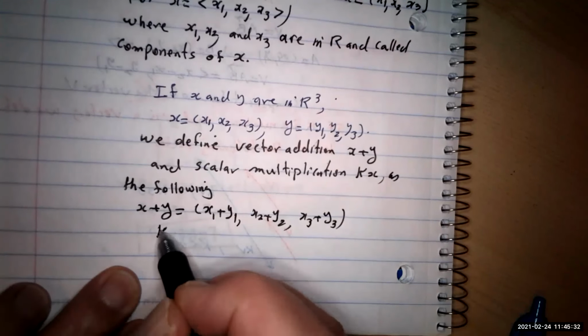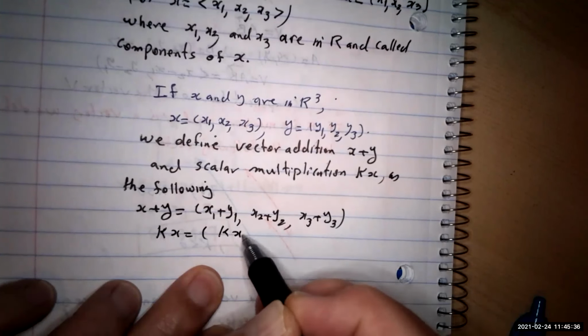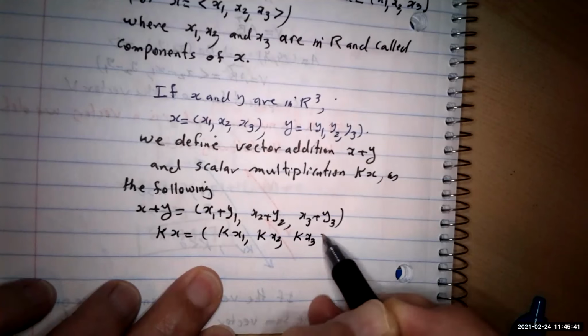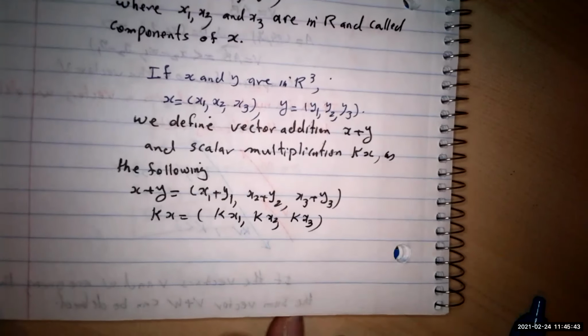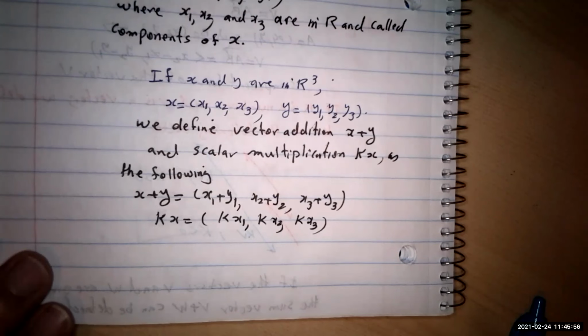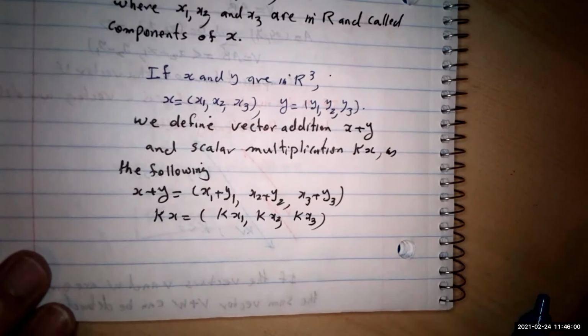And if you want to multiply k times x, you multiply each component: (kx1, kx2, kx3). So we just define the new operations, addition and scalar multiplication, for our vectors.